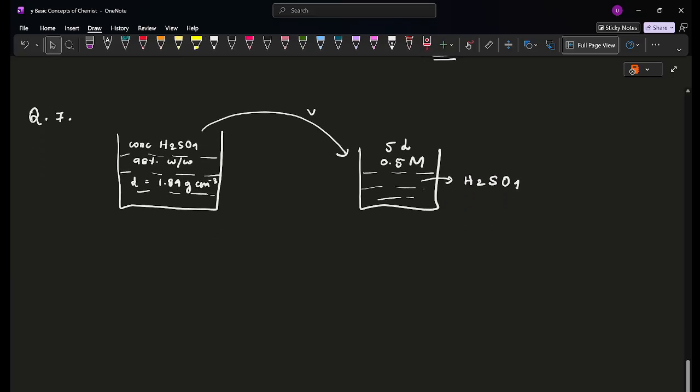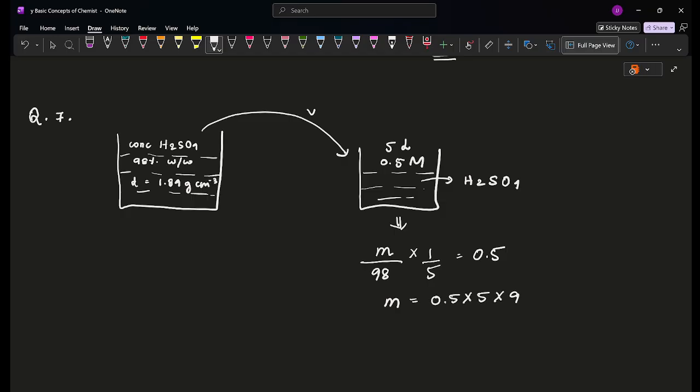Now let's take a simple assumption based on the knowledge we already have, which is finding the mass of H2SO4 here. Now you know H2SO4 is 98, right? So 98 mass into 1000, sorry, it's all in liters. Let's just take this is equal to 0.5. The mass though will be like this. Multiply 98 into 25.